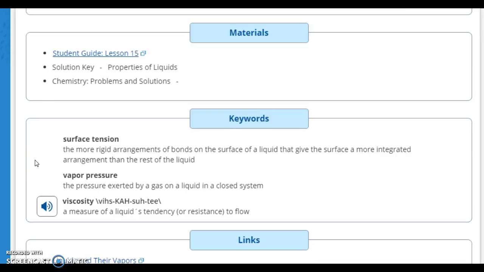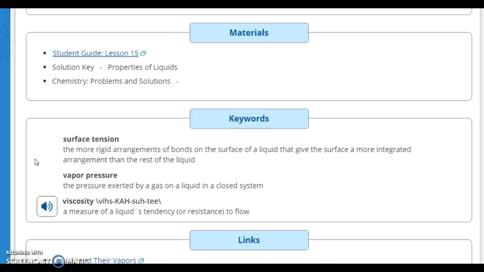Surface tension: the more rigid arrangements of bonds on the surface of a liquid that gives the surface a more integrated arrangement than the rest of the liquid. Okay, think about this. Think about when it's summer, you're at the lake, you're going to go dive in the lake. How do you want to dive in? You either want to dive in feet first or hands first, right?